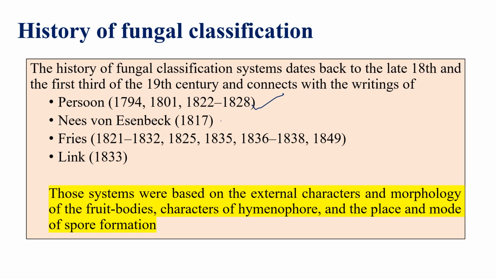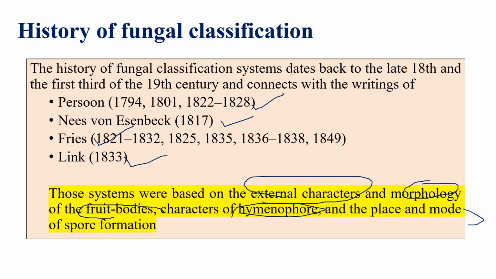Then Nees, Vasey, Eisenbeck, E.M. Fries and Link, those systematists or taxonomists, classified fungi based on external characters, or morphology, based on the kind of fruiting bodies they produce, based on the hymenophore, and based on the mode of spore formation.